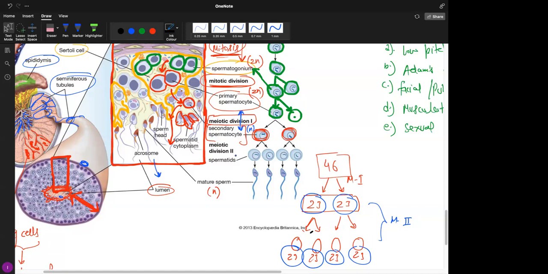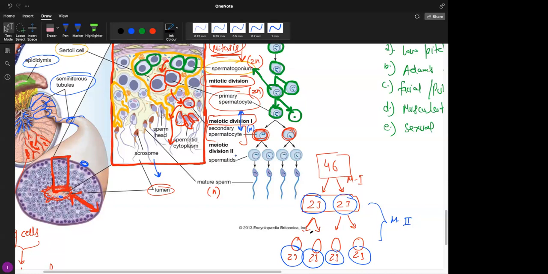So for the first time, reduction has happened in terms of genome copy number, and it has happened at the level of primary spermatocyte to secondary spermatocyte conversion, where meiosis 1 takes place.